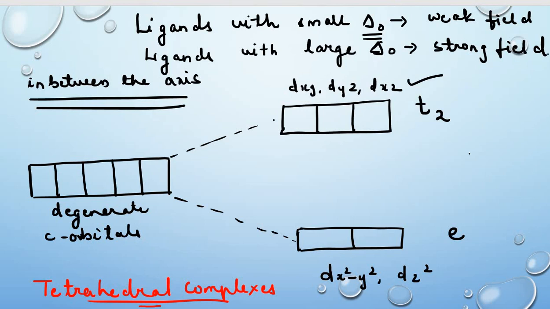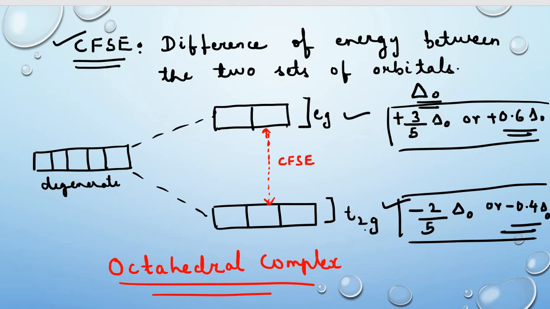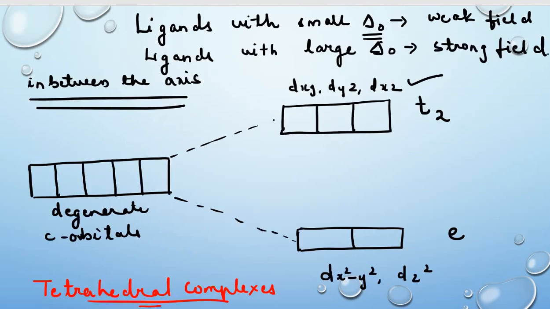Now here, how are we representing it? In the case of an octahedral complex, we were representing it as triply degenerate T2g and Eg, whereas in the case of a tetrahedral complex, we will be representing it as what? We will be representing it as E and T2.